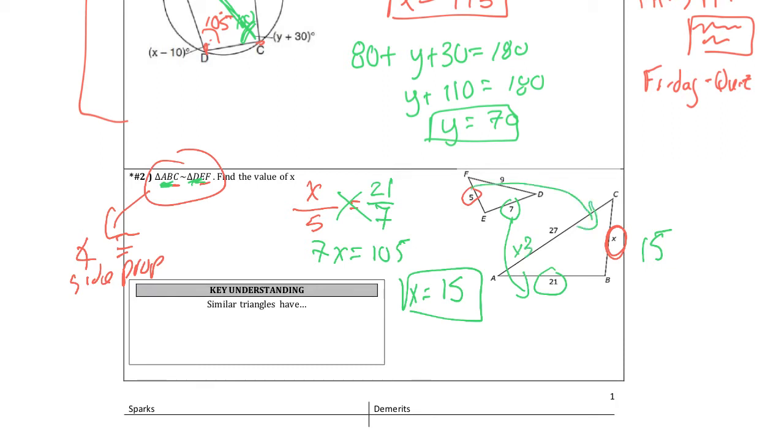You could have got there that way too, but the proportion always works even when you can't see it in your head. So the key thing we need to know today is similar triangles have equal angles and proportional sides, because that's going to come up today in the lesson. It's a really important concept that we learned earlier this year. So let's go to the next page and do the notes for today.